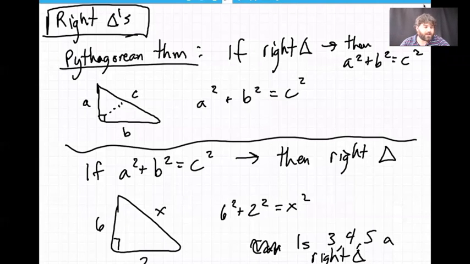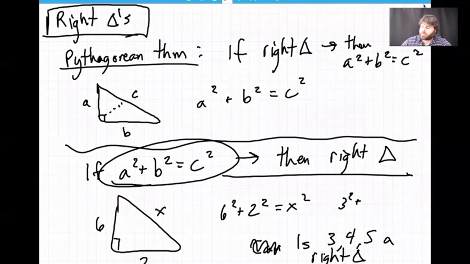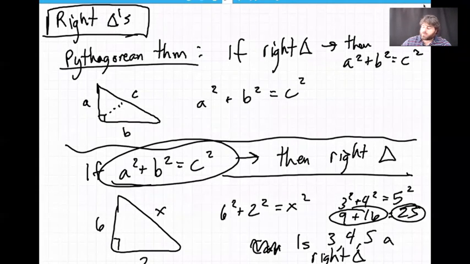If you have a side that's 3 and another side that's 4 and another side that's 5, is that a right triangle? You just plug it into the Pythagorean theorem, because if this holds, then you know it's a right triangle. So you try it: 3 squared plus 4 squared hopefully will equal 5 squared. Well, 3 squared is 9, 4 squared is 16, 5 squared is 25. It's true that 9 plus 16 equals 25. Therefore, 3, 4, 5 is a right triangle.